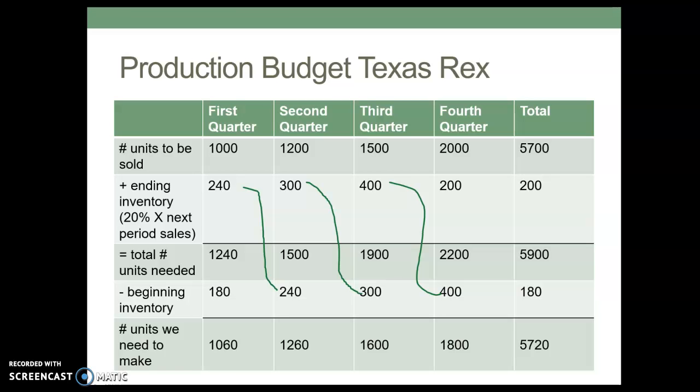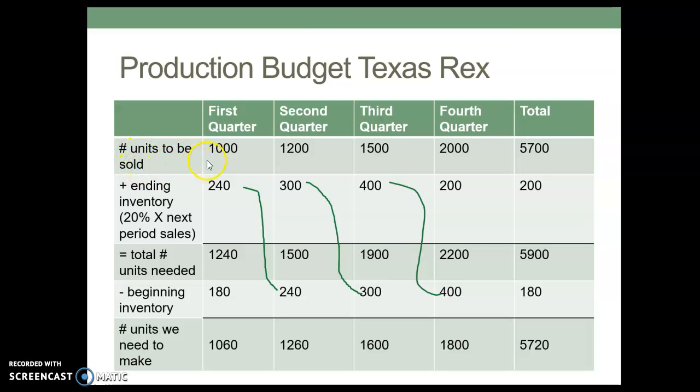Okay, so once we've calculated everything for each quarter, then we make our production budget. And again, the heading would be Texas Rex, production budget, for the year ended December 31st of whatever that year is. Now, we start out our first row with the number of units to be sold.